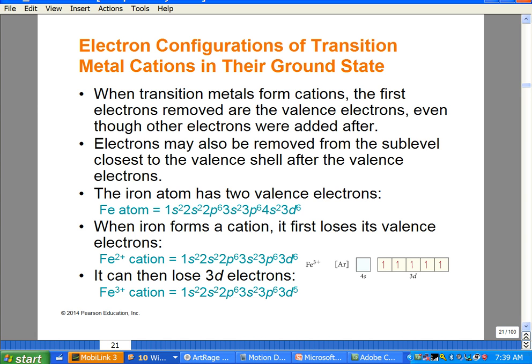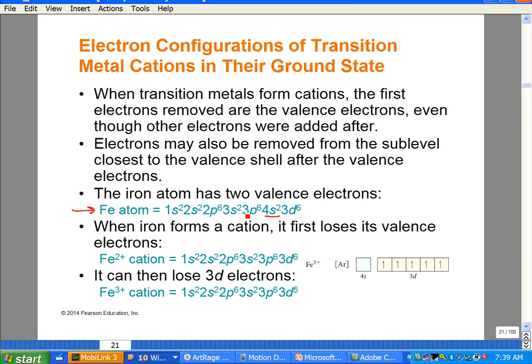And every time we remove 1 electron, we're going to increase its positive charge by 1. So going to an iron that has a 2+ charge on it, that means we need to remove 2 electrons. The first 2 electrons have to come from the 4s energy level. And this is the electron configuration that results.